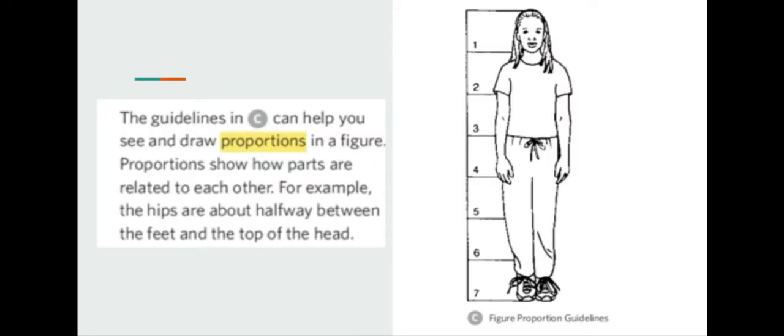All right, we're going to talk a little bit more about proportion here. Let's look at figure C. If we look at the head here, this is the unit of measurement that an artist used to draw this person.